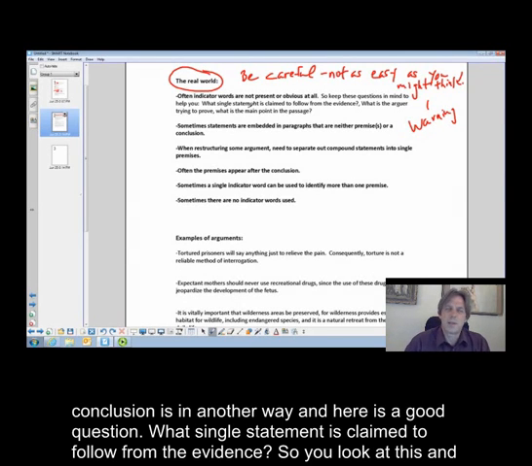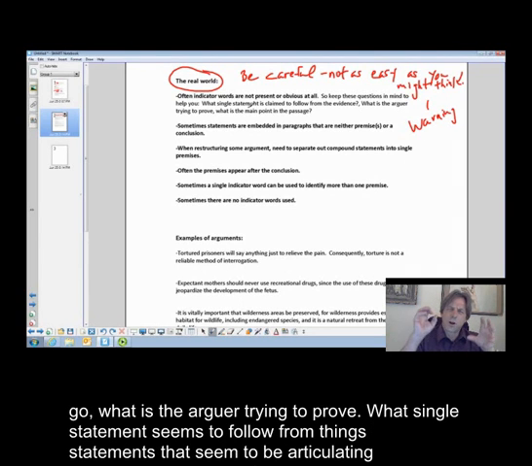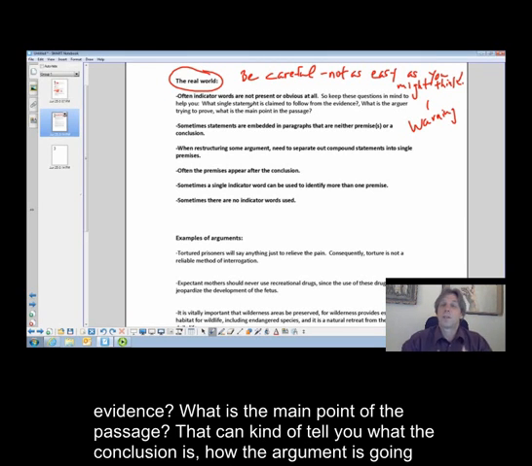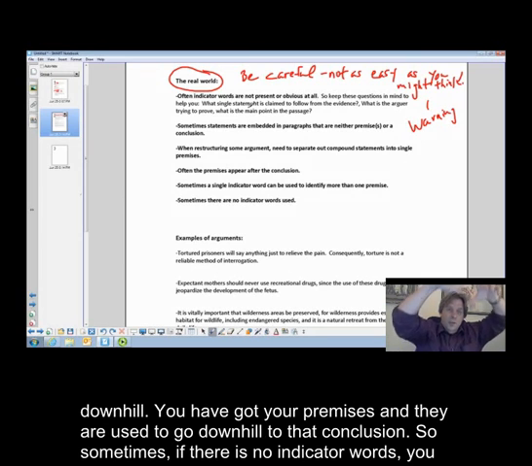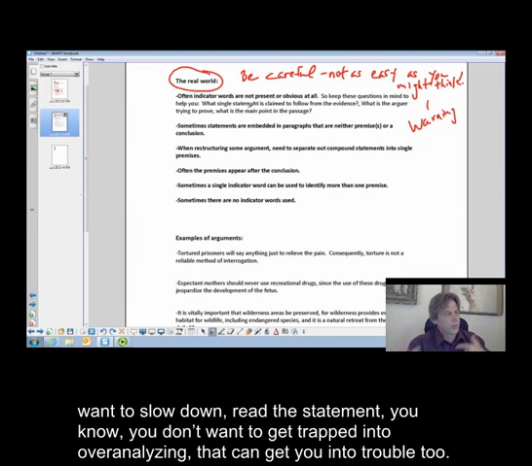What single statement is claimed to follow from the evidence? So you look at this and go, what is the arguer trying to prove? What single statement seems to follow from statements that seem to be articulating evidence? What is the main point of the passage? That can kind of tell you what the conclusion is, how the argument's going downhill. You got your premises and they're used to go downhill to that conclusion. So sometimes if there's no indicator words, you want to slow down, read the statement.